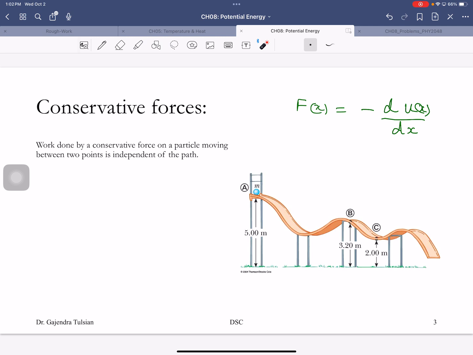So what that would mean is if there was no friction, this ball at the end would have the same speed, irrespective of the shape of this slide. That's what that means. The work done is independent of the path. It depends only on the initial and final location. So the ball would come out at the same speed, whether that was the track or this was the track.